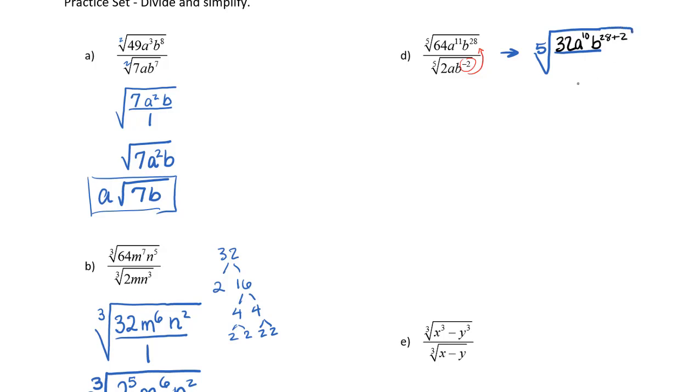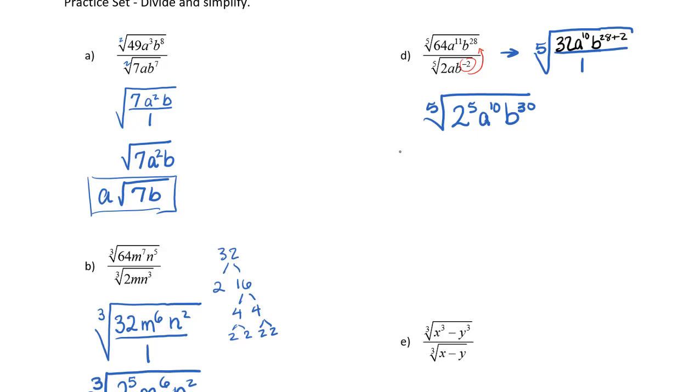So that is interesting. We have a 1 left in the denominator, so we don't even have to write it anymore. We can write it as just the 5th root of 32. Remember, 32 is 2 to the 5th, a to the 10th, and b to the 30th. All those exponents are divisible by 5, and so they're actually going to come out quite nicely.